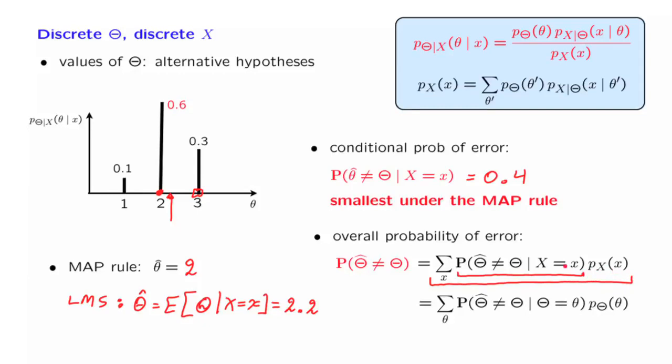And this means that the overall probability of error is also smallest under the MAP rule. In this sense, the MAP rule is the optimal way of coming up with estimates in the hypothesis testing context, where we want to minimize the probability of error.